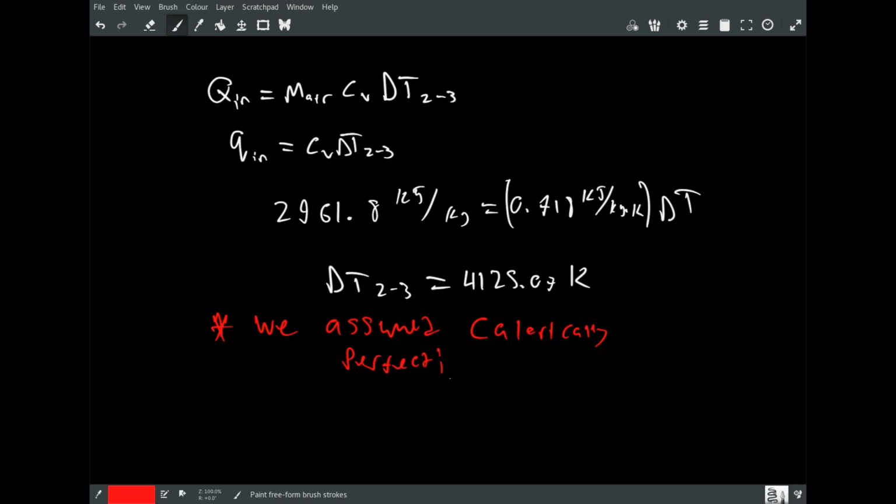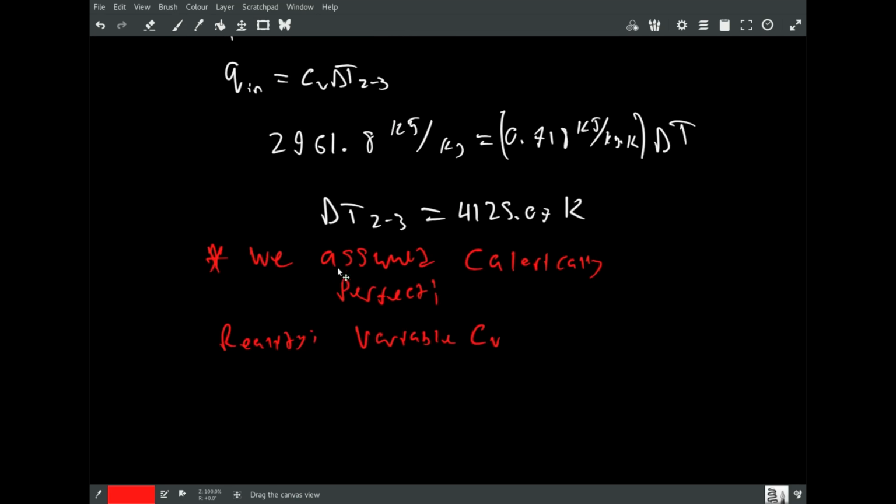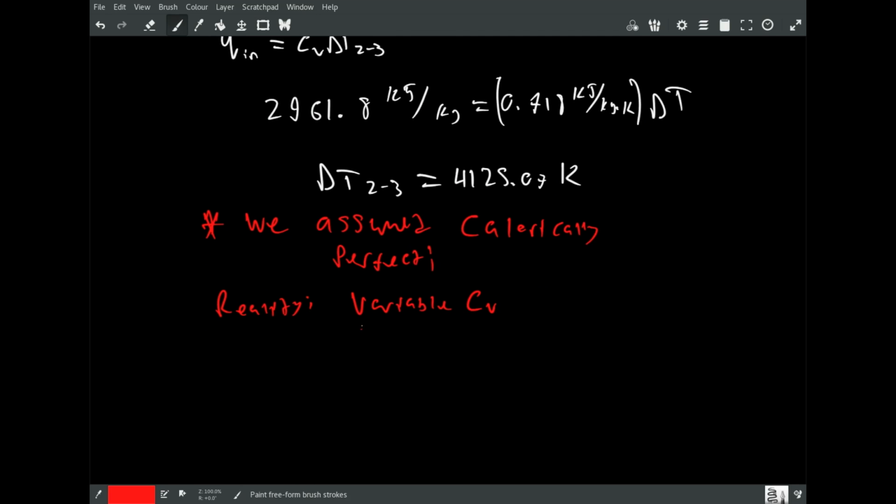However, that is not the case in reality. In reality, we have a variable specific heat capacity, so this temperature change would be a lot less. We would have a T3 of approximately 3500 Kelvin under this situation. So let's calculate the ideal T3.